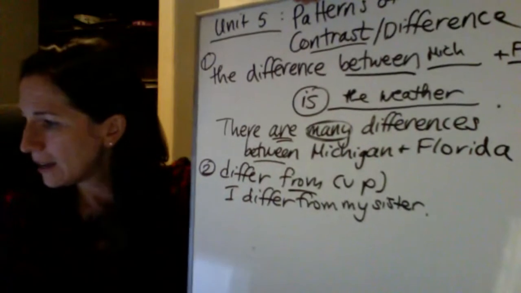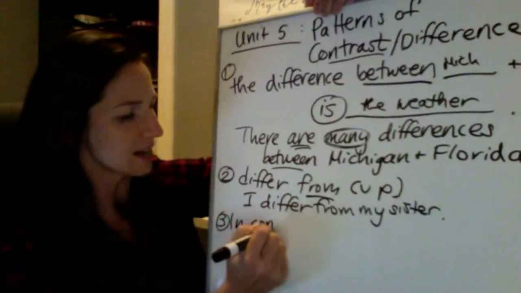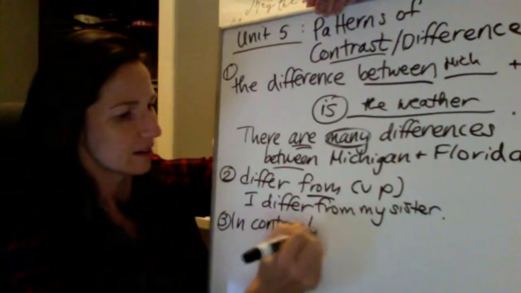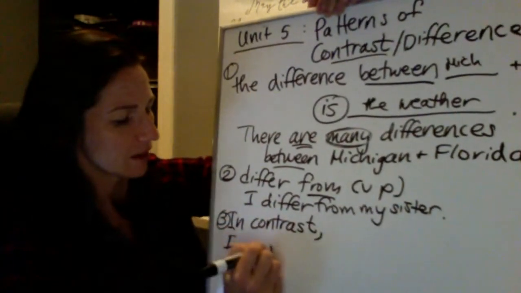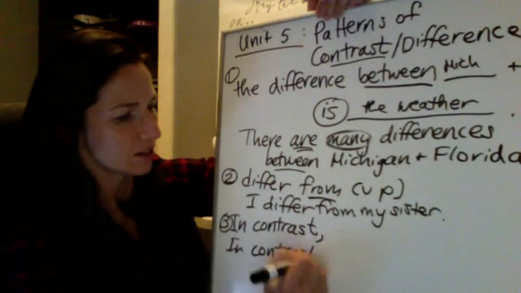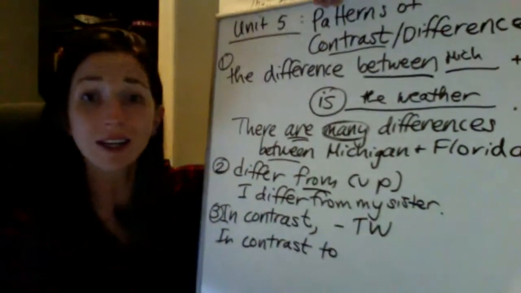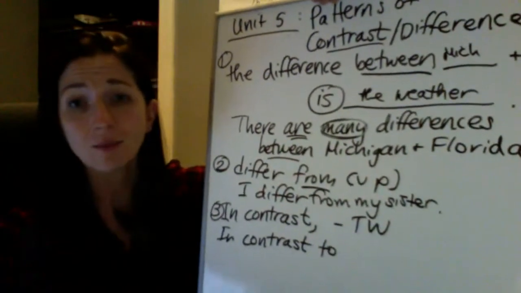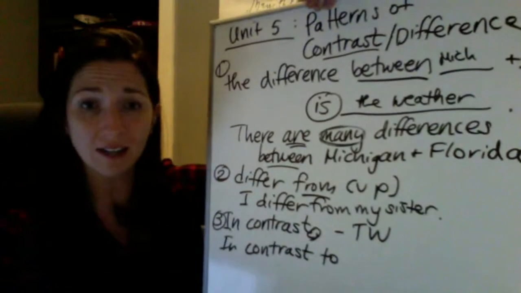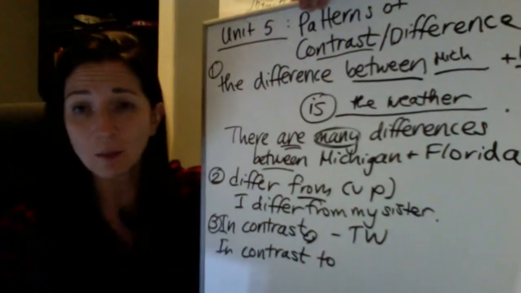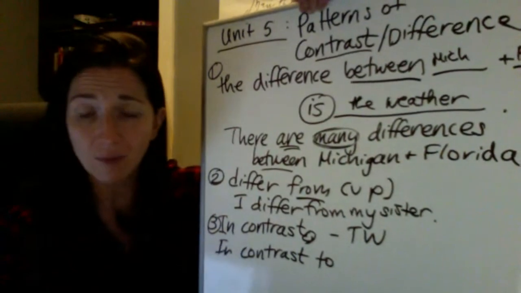All right. Then we looked at the phrase in contrast, comma, and in contrast to. We said in contrast is a transition word. Please don't forget the comma after the phrase in contrast, and it comes at the beginning usually, and it sets off a comparison phrase.